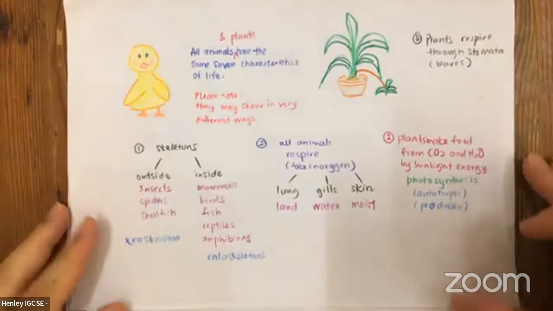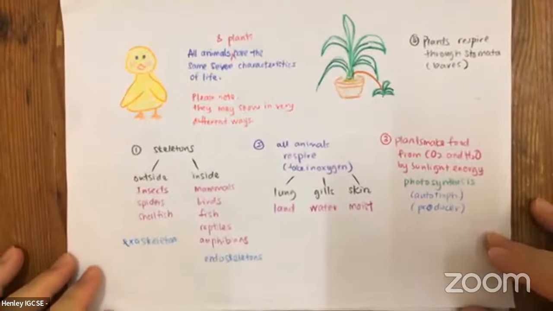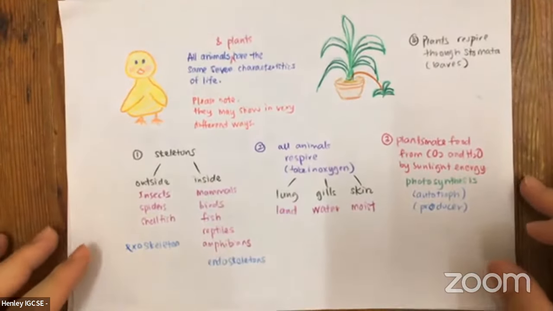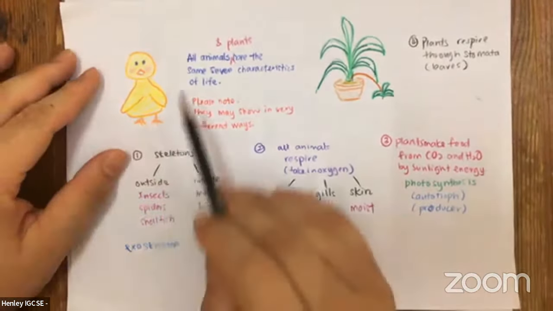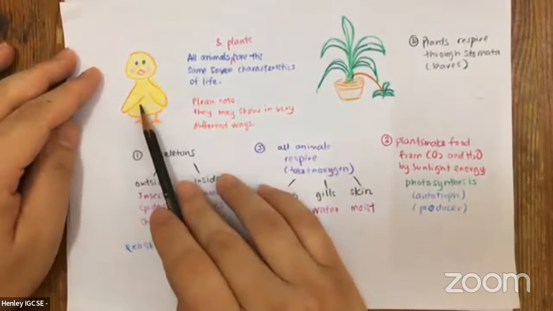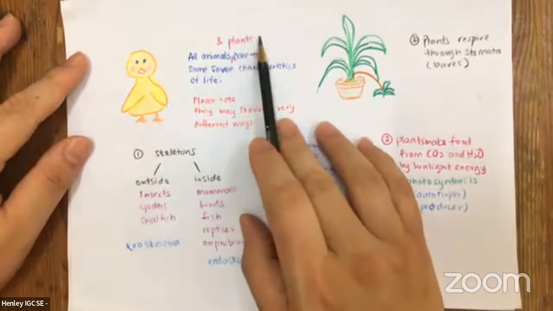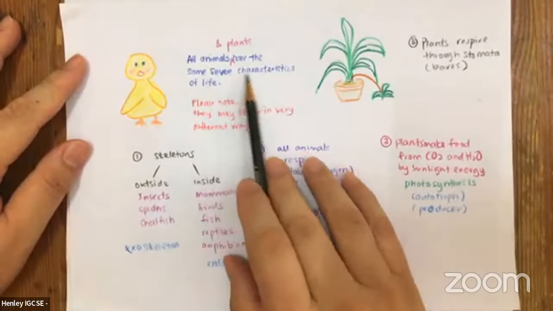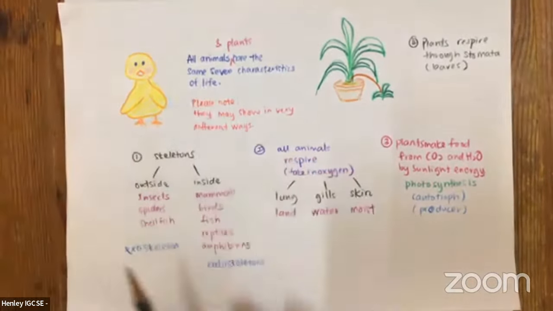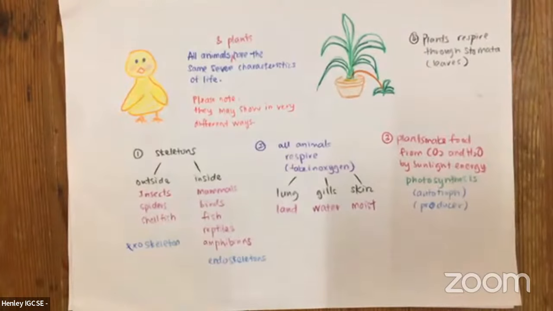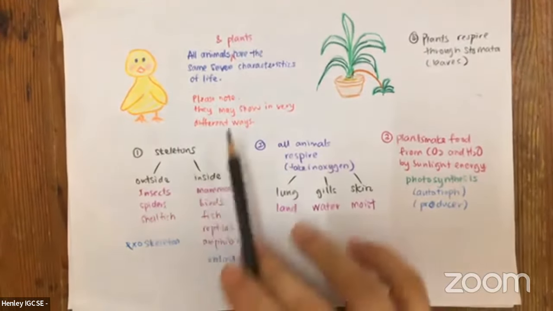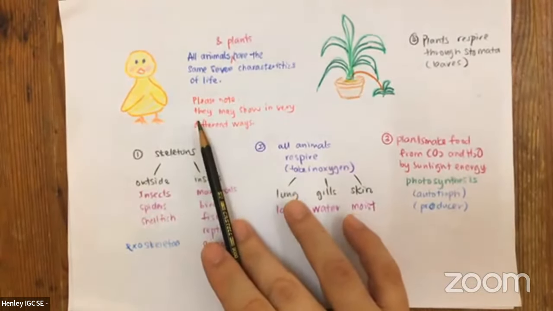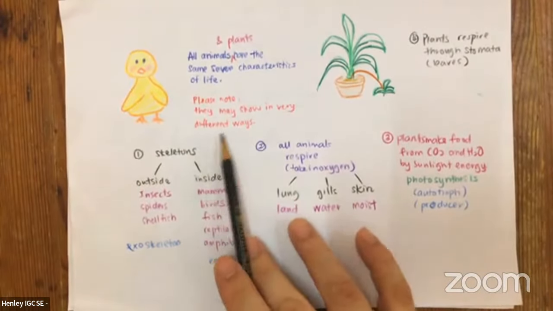There are some differences between each organism. However, can you see all animals, just like this duckling, and plants have the same 7 characteristics of life. So they do have everything. However, please note this may be shown in very different ways.